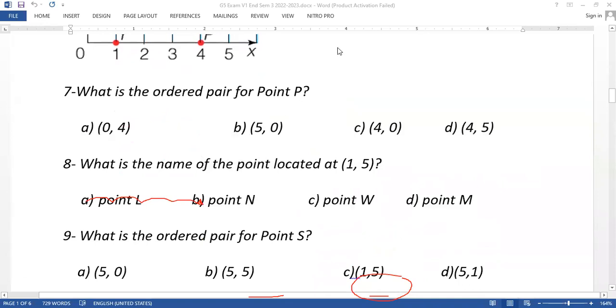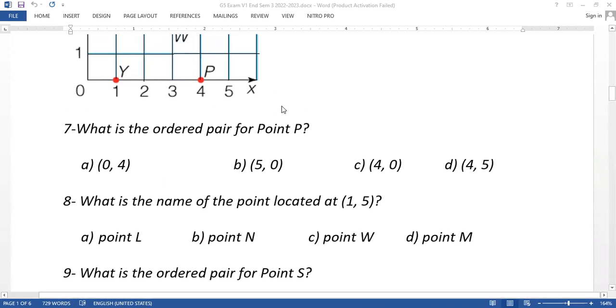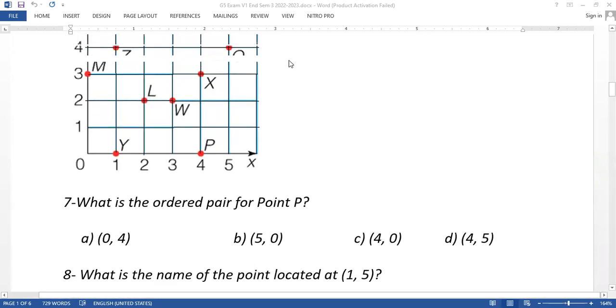Now question number 8. What's the name of the point located at 1, 5? How do I find it? The first number represents the x and the second number represents the y.